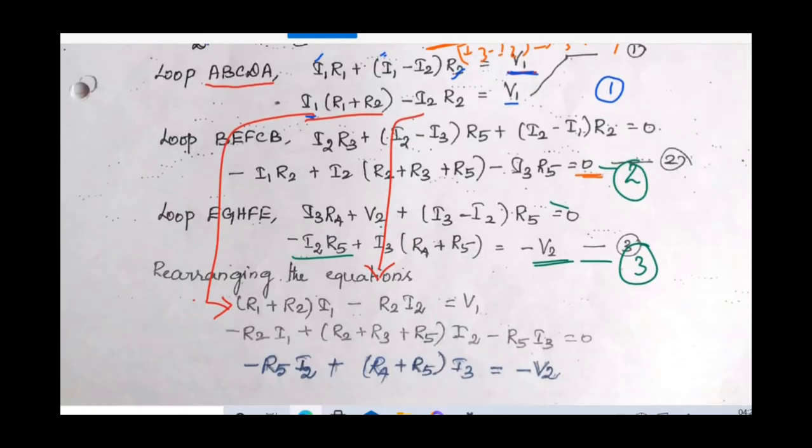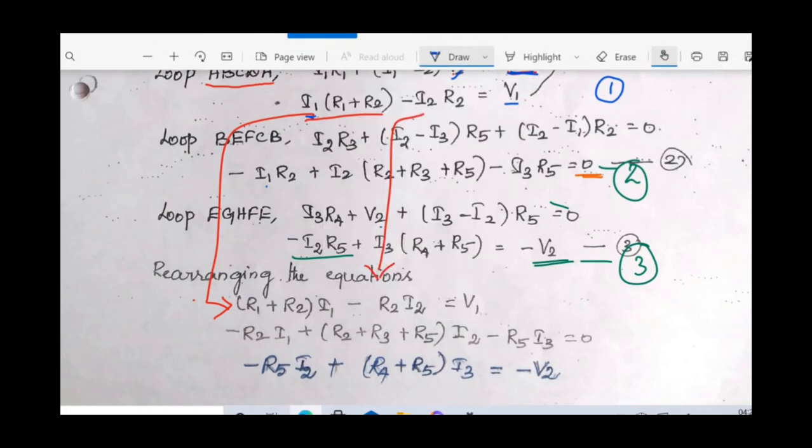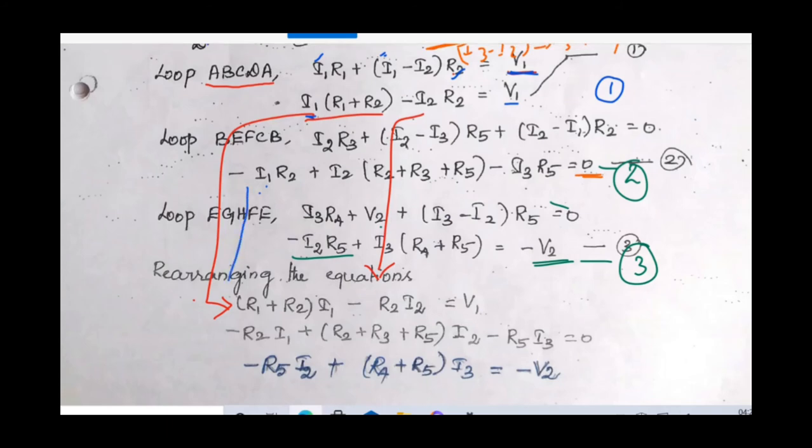Then consider equation number 2. Here minus R2 into I1, then here (R2 plus R3 plus R5) into I2. Then minus I3 means minus R5 into I3 equal to 0.